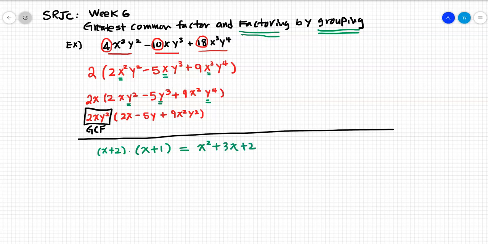So the way we are going in this direction is called the multiplication of the polynomial. On the other hand, if I'm going back to the other side, going this direction, we call this factoring. So when I say factoring, we want to go from x squared plus 3x plus 2 back to the multiplication form. That's what we mean by factoring.